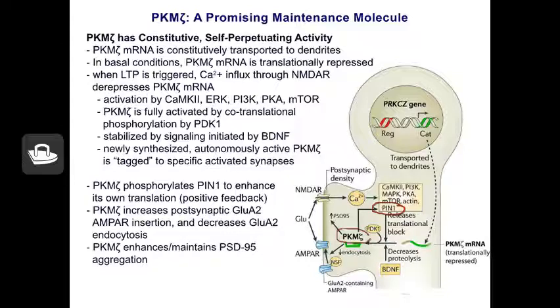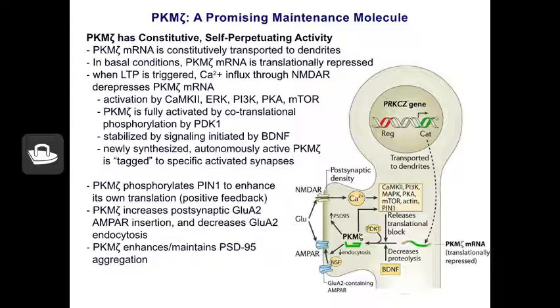PIN1, in turn, releases the translational block on protein kinase M-zeta messenger RNA. It releases protein kinase M-zeta messenger RNA from translational repression. So in this manner, completing this cycle, protein kinase M-zeta becomes self-perpetuating at stimulated spines.